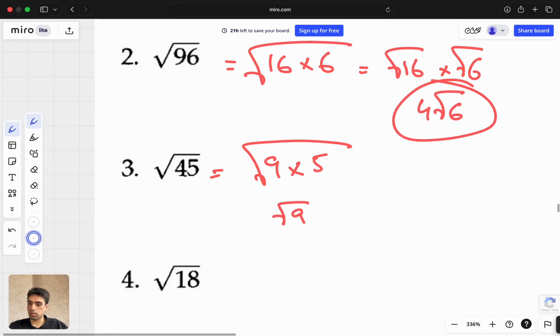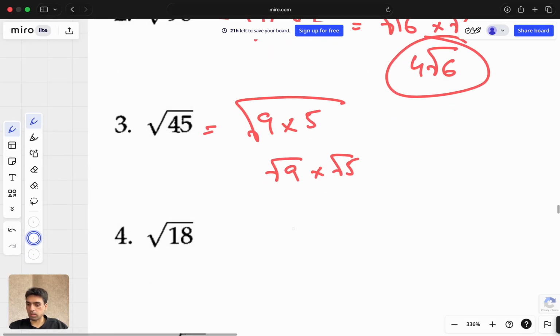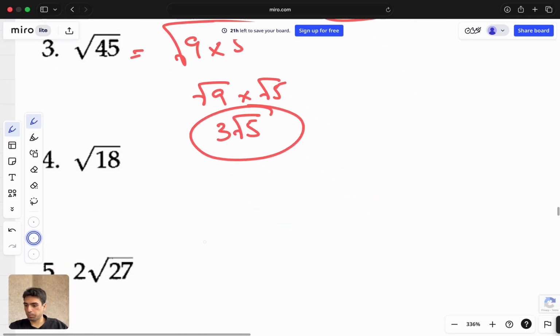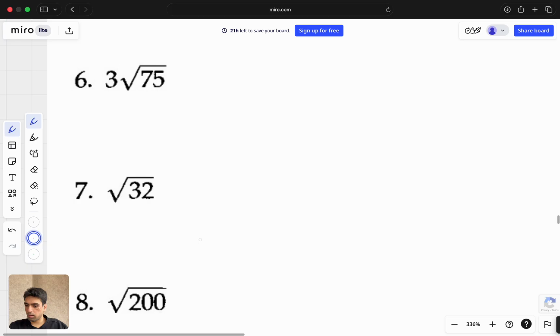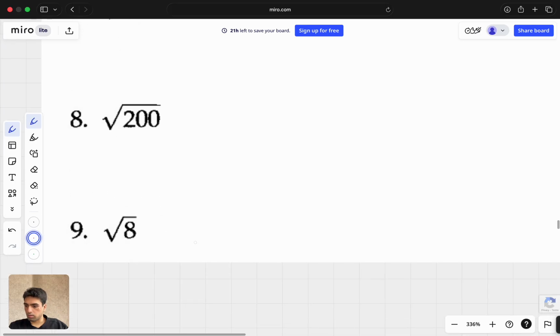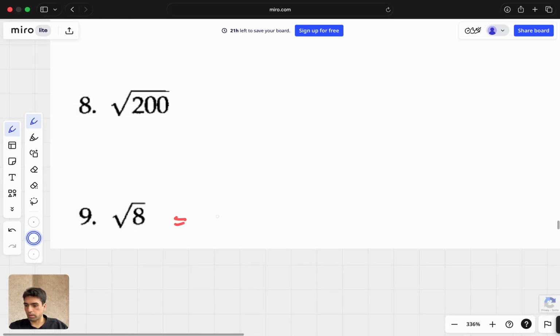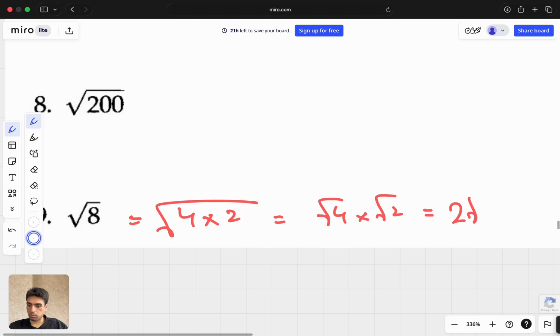So root 9 times root 5, you get 3 for root 9, and root 5. Right. So root 8, you can write it as 4 times 2, which is root 4 times root 2, which is 2 root 2, because root 4 is 2.